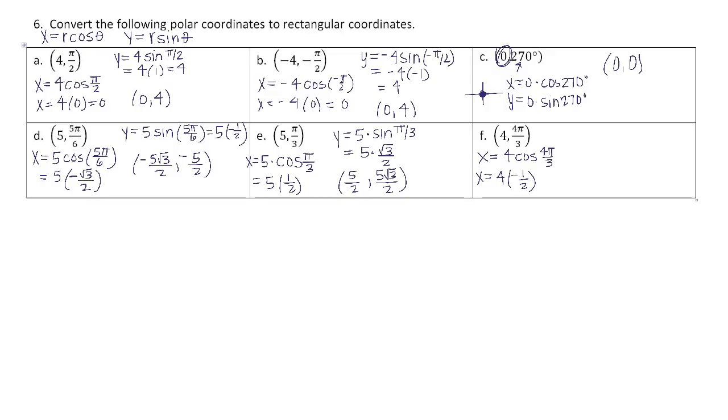And so for y, working through, we're going to have y equals 4 sine of 4 pi over 3. And that's going to be 4 times negative root 3 over 2. And so when we put our answer together, we have negative 2 and then negative 2 root 3.